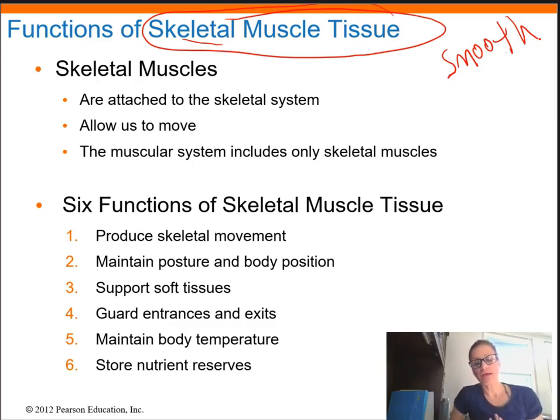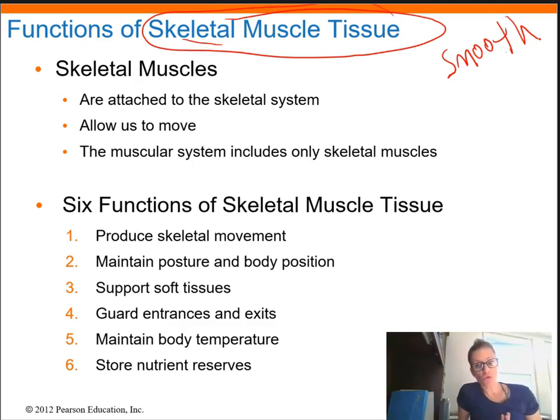Smooth muscle also lines our blood vessels. This is how our blood vessels can dilate or get bigger, or they can constrict and get smaller because of the muscle that's lining them. Smooth muscle is also present lining our bronchioles, the little tubes that lead down into the airways. And when that muscle contracts or relaxes, it allows us to direct airflow to different parts of the lungs.